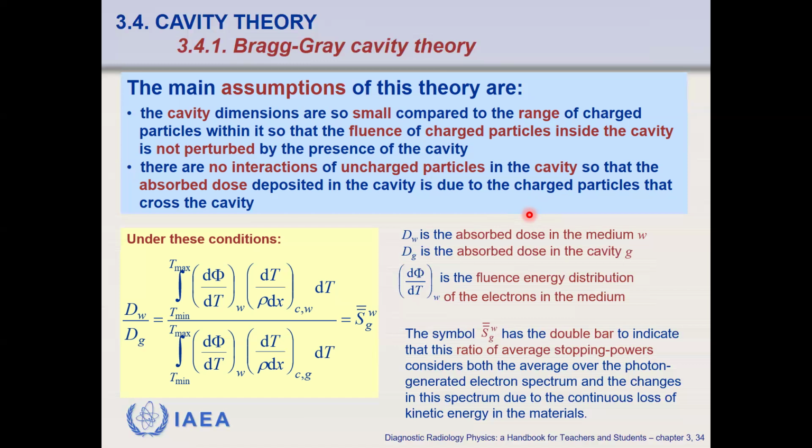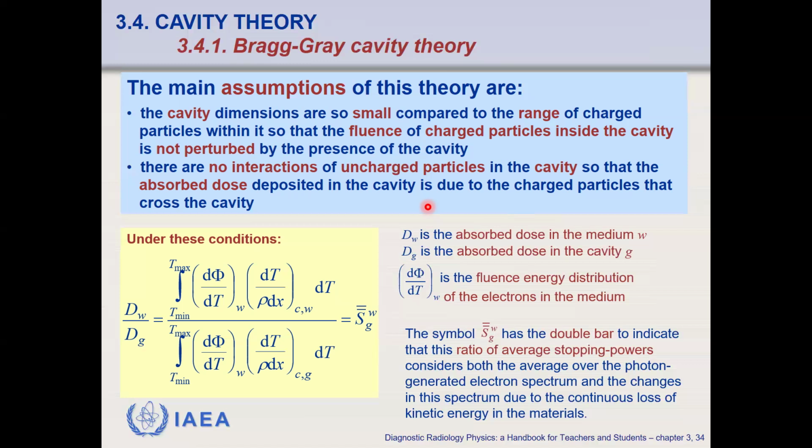So this assumption, no interactions of uncharged particles, states that there are no interactions involving uncharged particles like photons and neutrons within the cavity. As a result, the absorbed dose deposited within the cavity is solely attributed to the charged particles that pass through it.